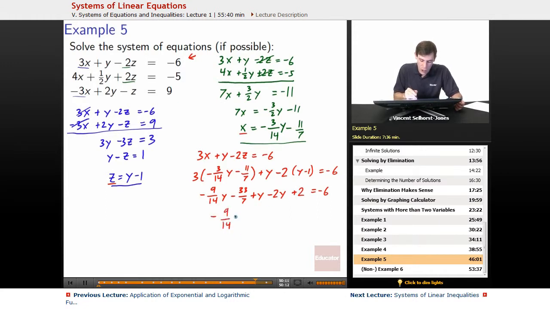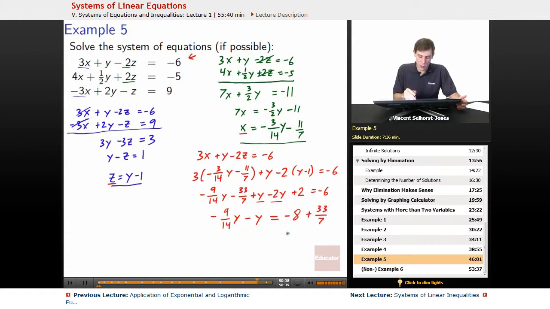Negative 9 over 14 times y, and we've got the y here and the minus 2y here, so that becomes minus y. We can't really combine 33 over 7 and 2 very easily without bringing in more fractions, so let's just move them to the other side, because eventually we'll have to anyway. So we subtract 2 on both sides. Negative 6 minus 2 becomes negative 8. We add 33 over 7 on both sides, so we get plus 33 over 7.